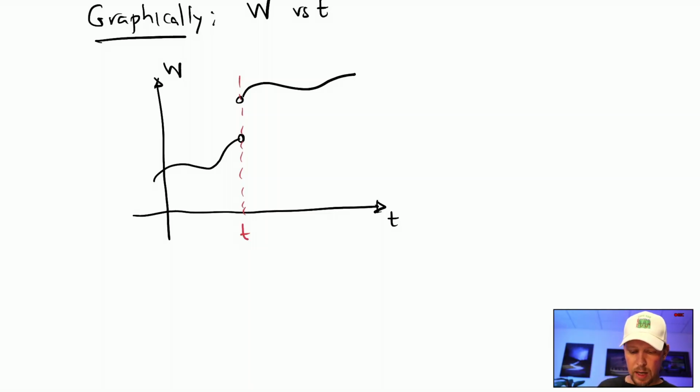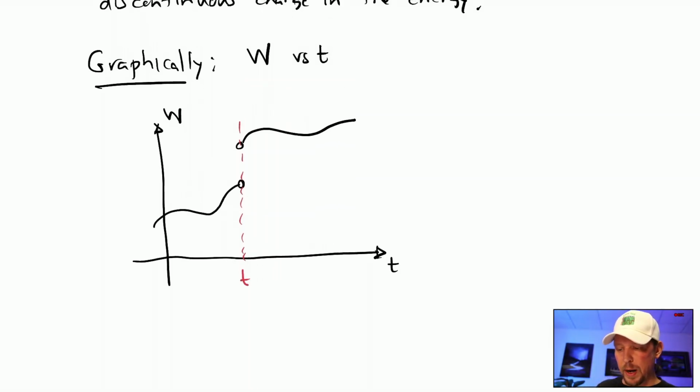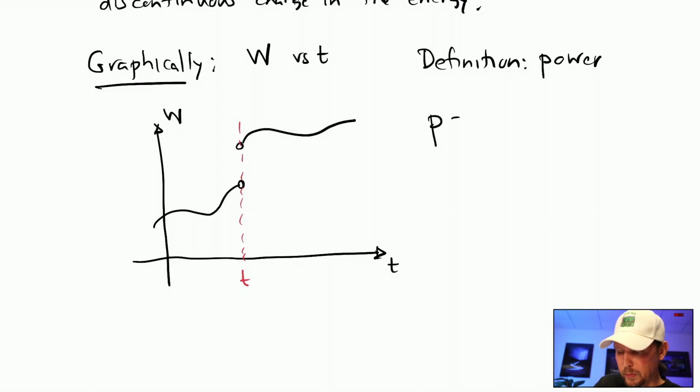Right. Now, to answer this, I want to go back to a definition that I'm sure most of you remember, and that's the definition of power. The power is the time rate of change of the energy, like this.